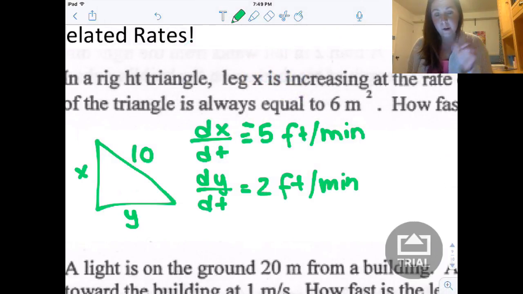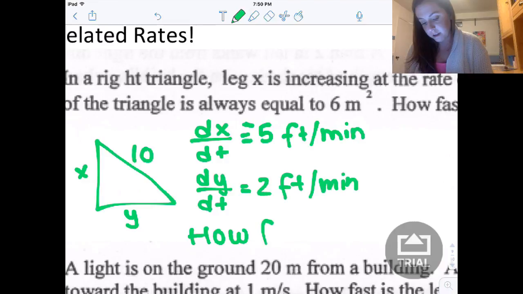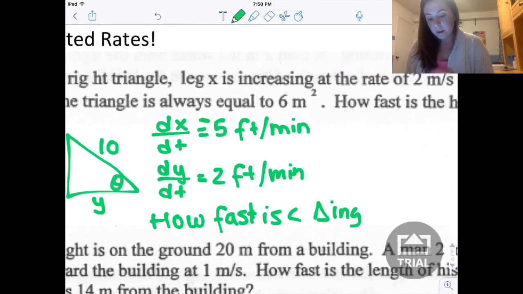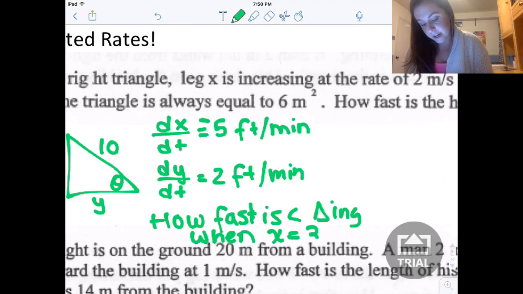Okay? So, maybe I want to know how fast the angle is changing. How fast is the angle changing? And I'm going to say theta's right there. When x is 6.